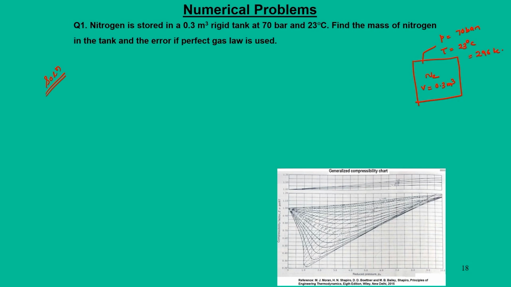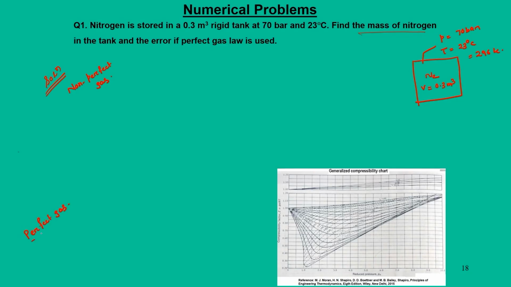We need to find the mass by two means: one, by assuming a non-perfect gas, and second, by assuming the perfect gas equation.